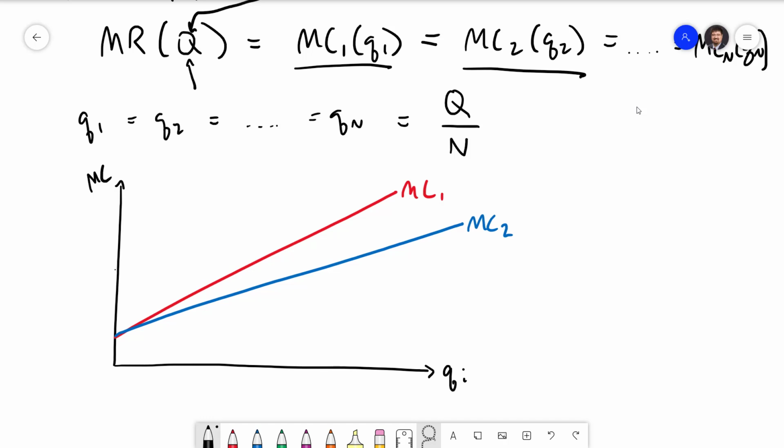And so if I draw a horizontal dotted line across our graph, in the end, we know that the plant that has the lower cost generally is going to end up producing a higher quantity than the plant that has the higher cost. And that intuitively makes sense. A firm is going to make more use of its more efficient plants. When we get into our example, we will show this mathematically.